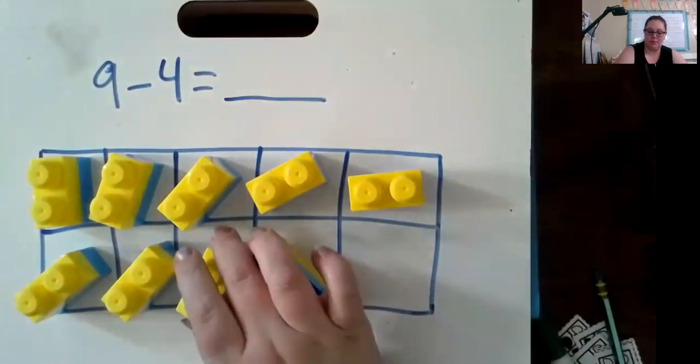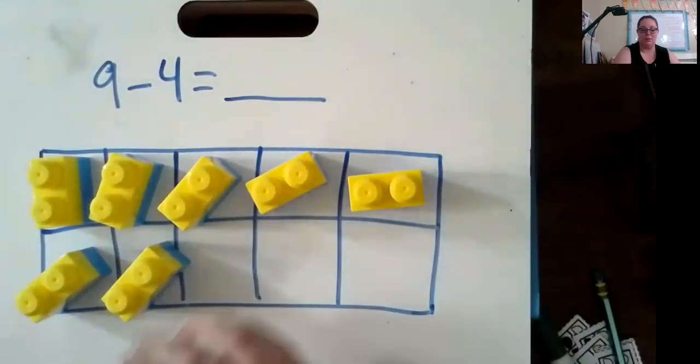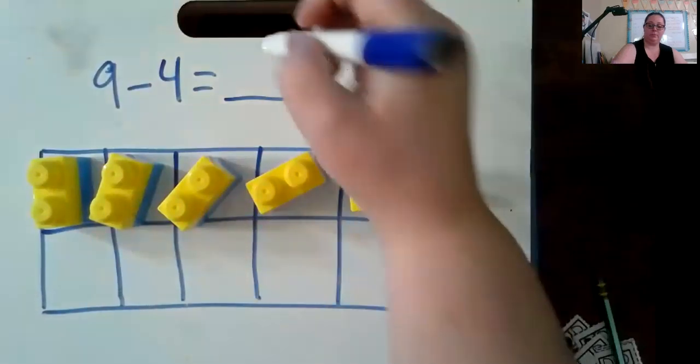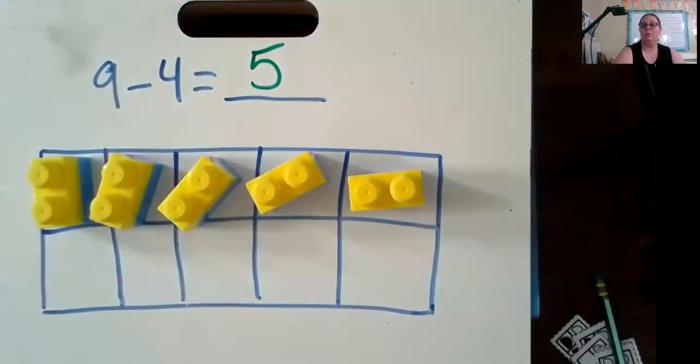So if we take away the 4, I guess I just take them 1, 2, 3, 4. How many are we left with? 5. Okay, so that's how we would use a 10 frame. We have 10 squares. That's why they're called 10 frames.